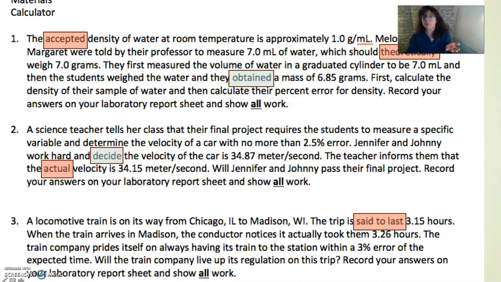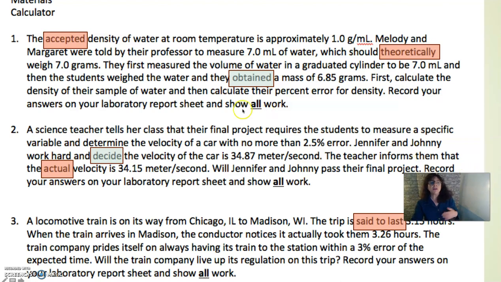Let me move this up so you can see it a little bit better, or I guess move it down. So you have 3 word problems on your lab. I thought I'd do you a favor and tell you a little bit about the vocabulary and line it up with the colors.